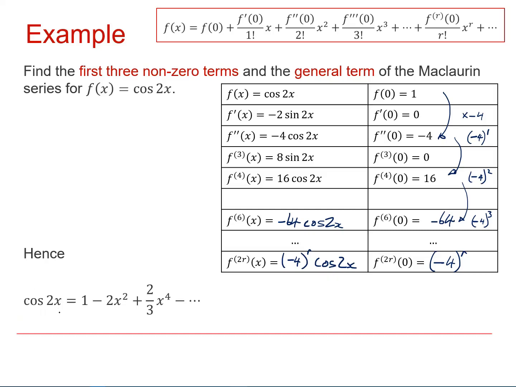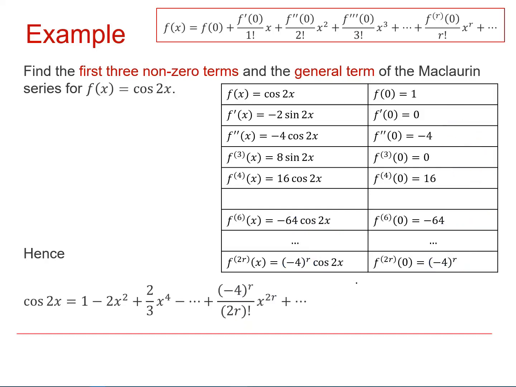If we think about the series for cos 2x, then for the general term I'd expect an even power of x, let's call that x to the 2r, and it will have a coefficient which is minus 4 to the power r divided by 2r factorial. And that will continue. Again, there's that written up more tidily for you. Using the table allows us to see the kind of pattern that's going on, and there's my general term there.